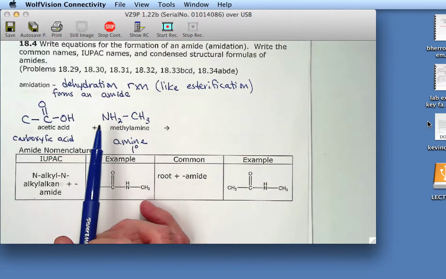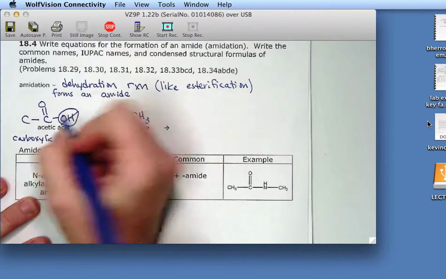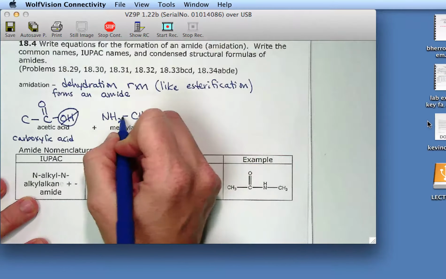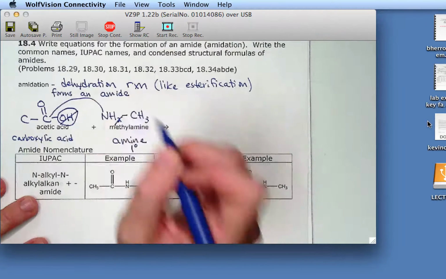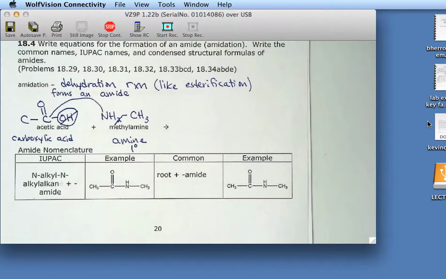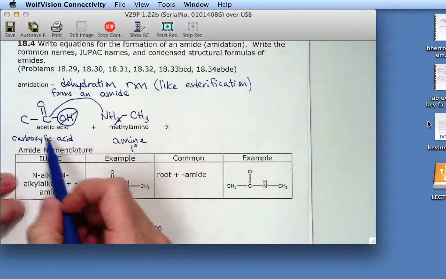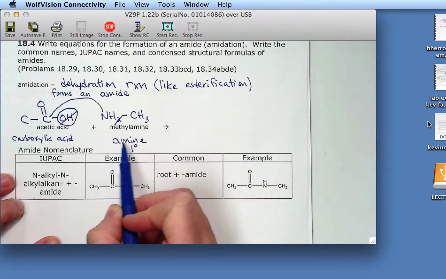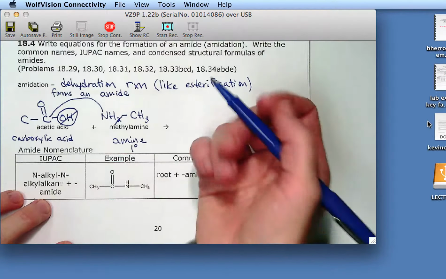So, how did we lose water in esterification? You get rid of the OH here, and 1 H on the other side. Make a really long bond. So you're essentially doing the same reaction as esterification, but instead you have an amine. They both have a carboxylic acid, but esters have an alcohol, amides have an amine.